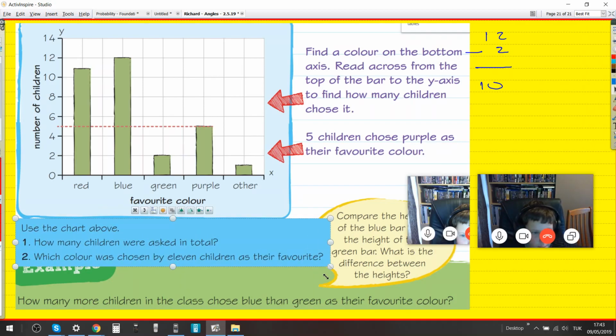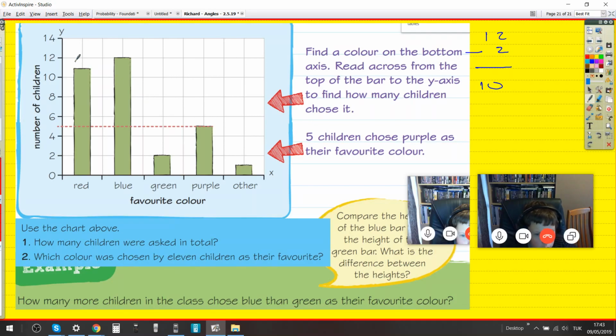So we would need to combine all of the numbers that children chose their favourite colour for. So we would need to do 11 plus 12 plus 2 plus 5 plus 1.